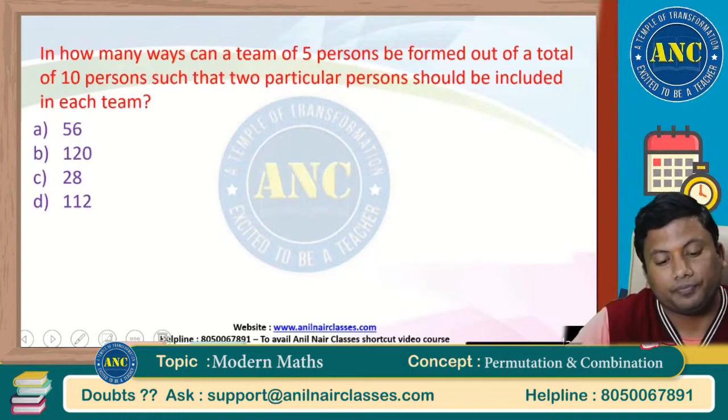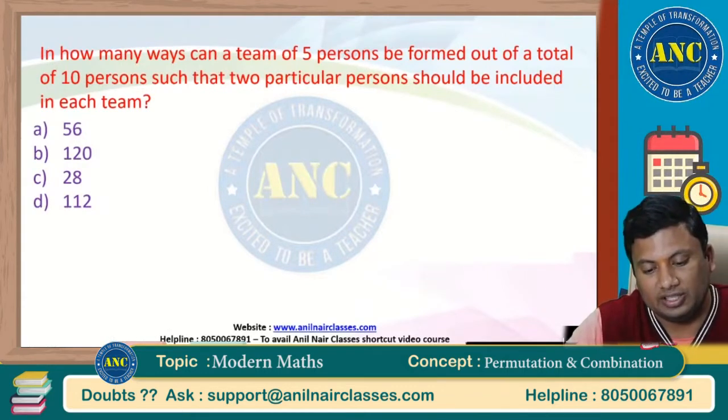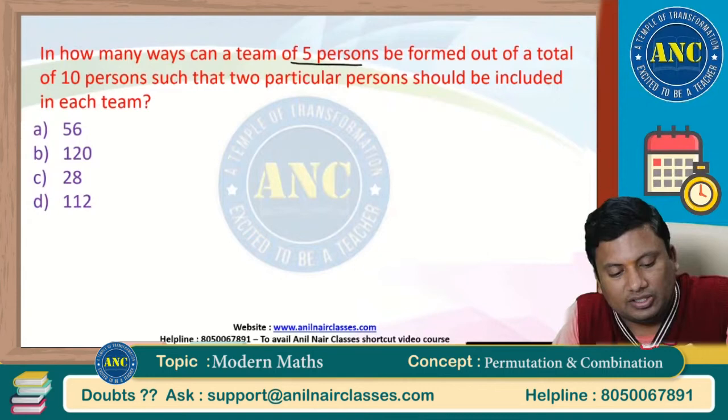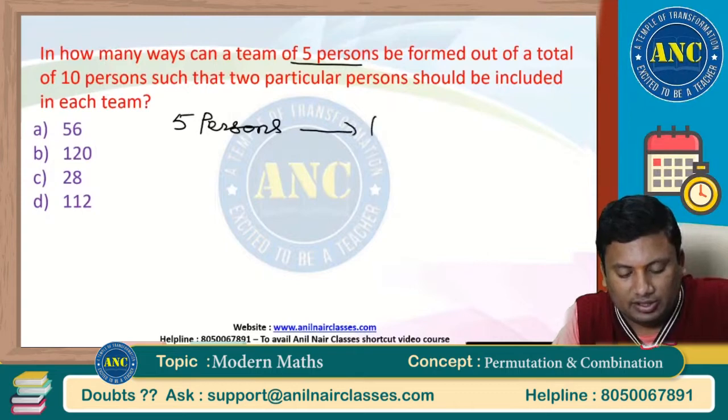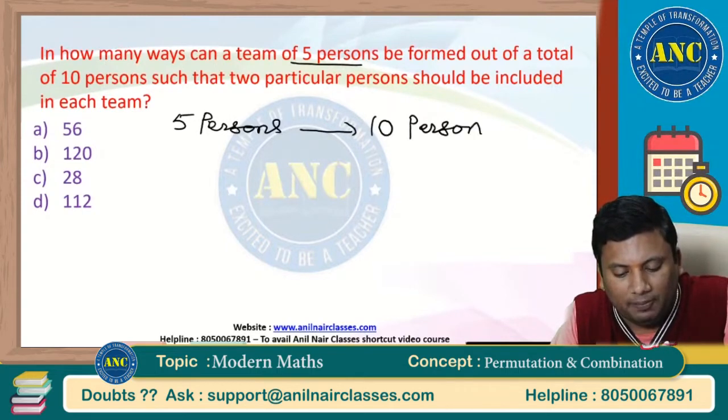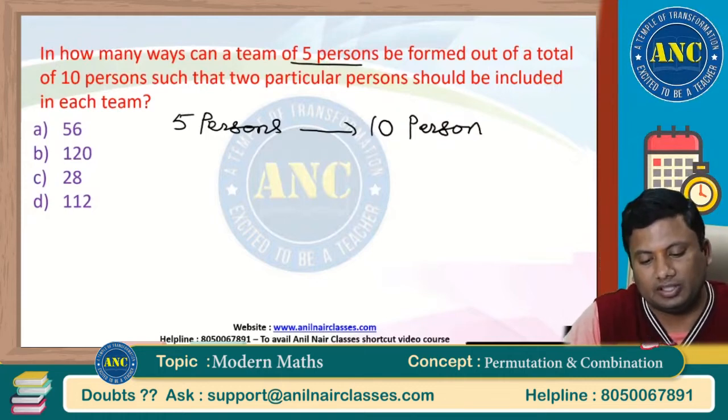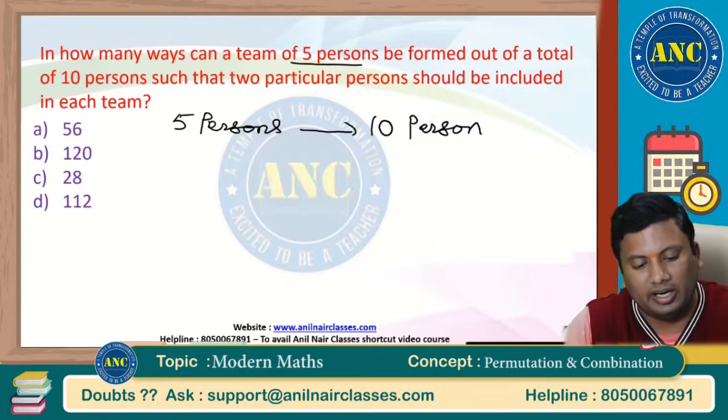Next one. In how many ways can a team of 5 persons be formed out of 10 persons, such that 2 particular persons should be included in each team?